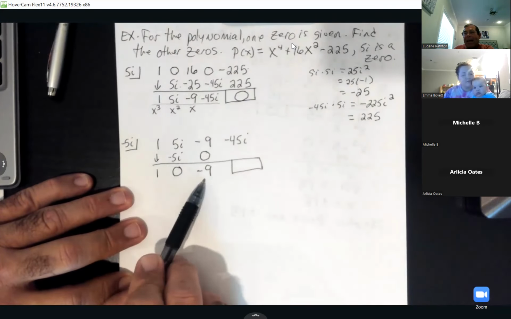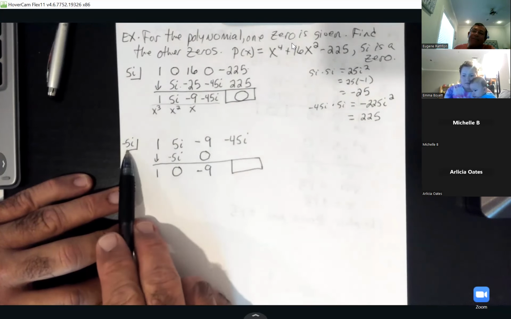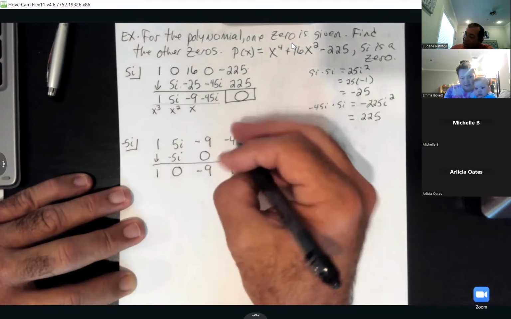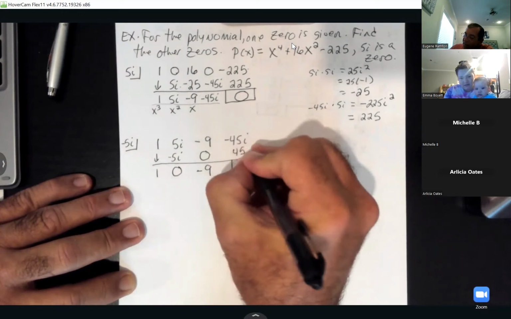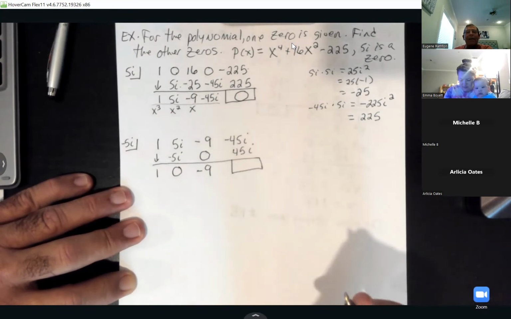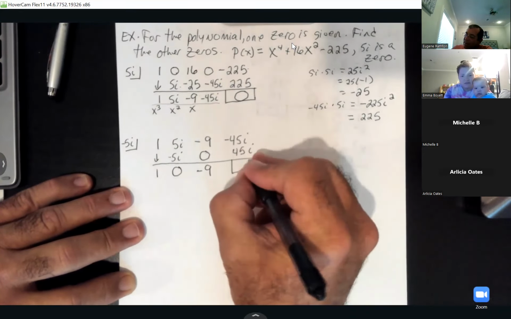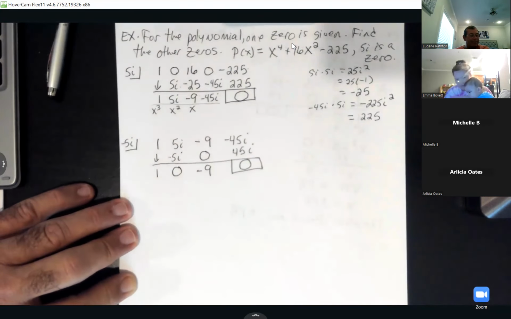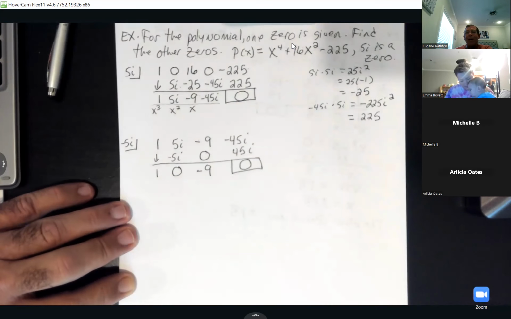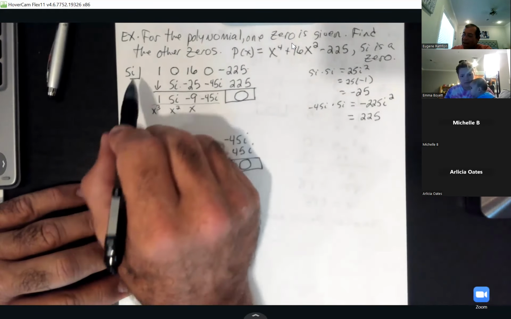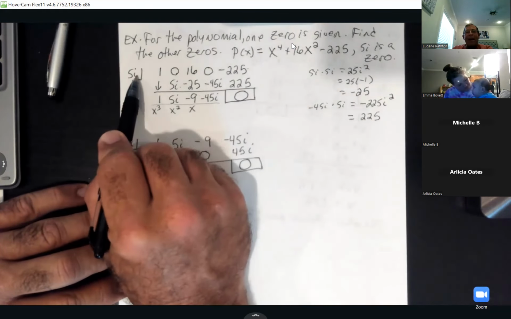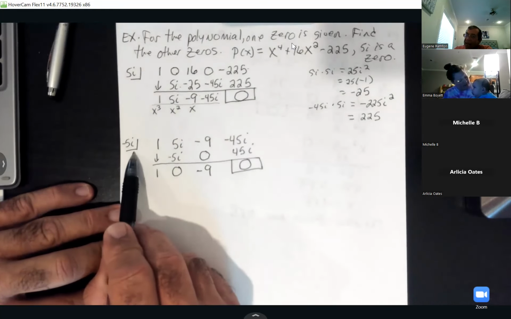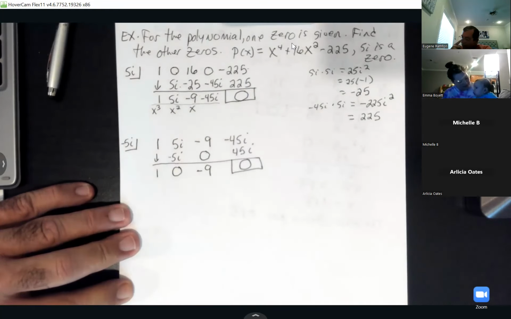That -9 times that -5i is going to give me a positive 45i, which when I add up gives me my 0. So we now know they gave me the 5i, and we now know that -5i is a 0.